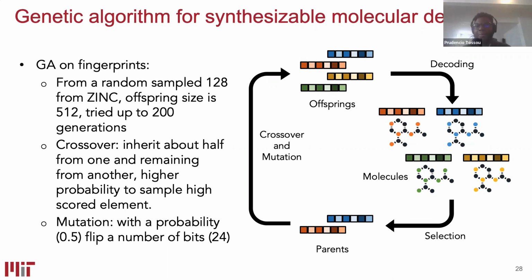I also have a question. I was wondering if you can say anything about how your method generalizes with respect to the synthesis path length. I can imagine that the longer the synthesis path, the more difficult it is. Yes, of course.